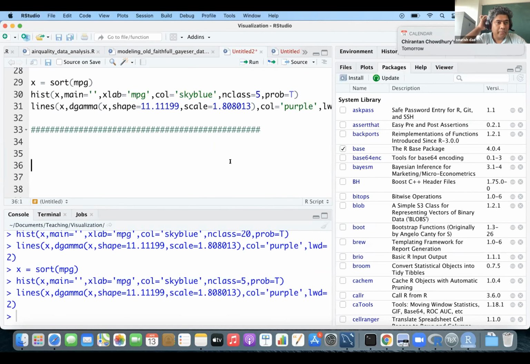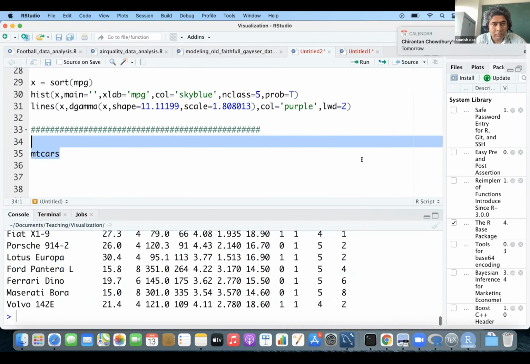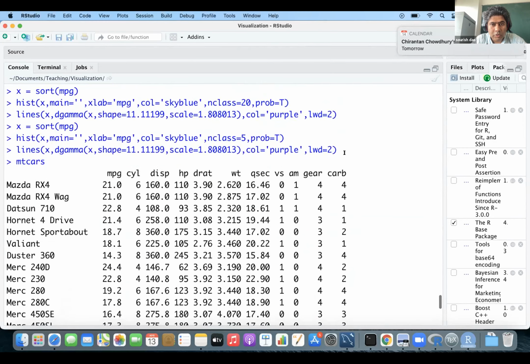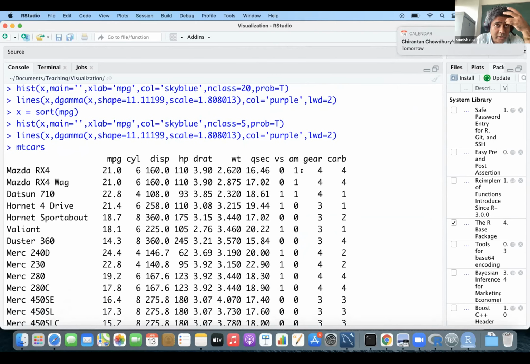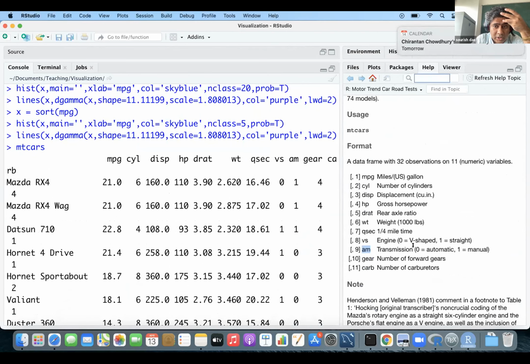What I will do is, if you look into the entire data set, you see there are only two types of cars. If you just look into the automatic transmission, AM, I think AM equal to 1 stands for automatic transmission.